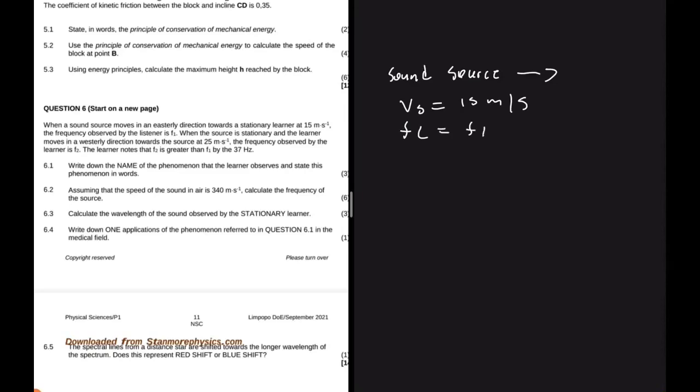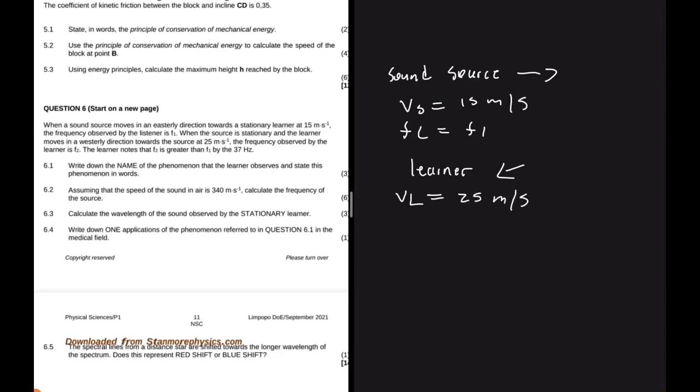And then it goes on to say when the source is stationary and the learner moves in a westerly direction. So now we have a learner moving towards the west, moving towards the source at 25 meters per second. So we have the velocity of the observer being 25 meters per second.